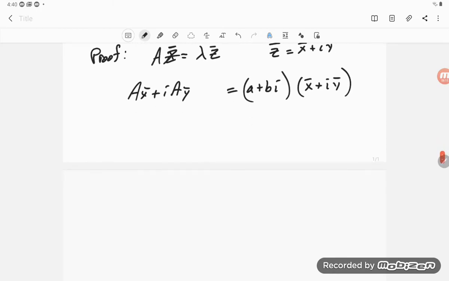If I multiply that out, I'll get ax minus by, and then plus i times ay plus bx.